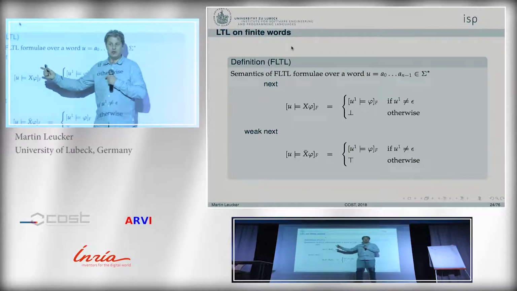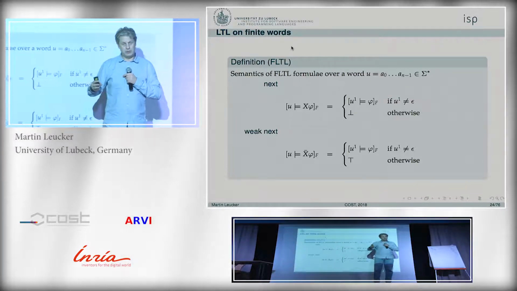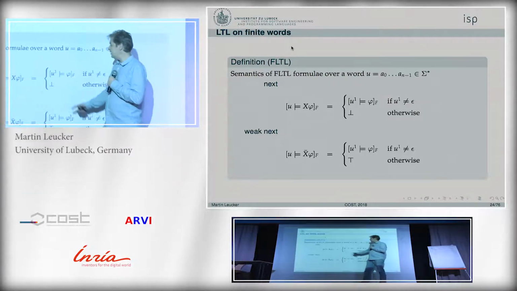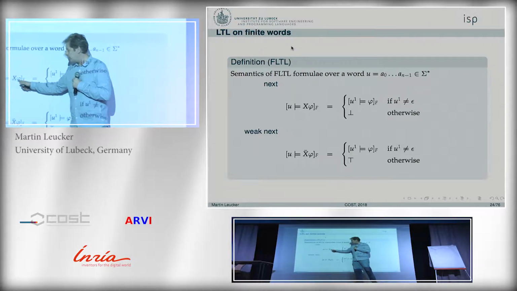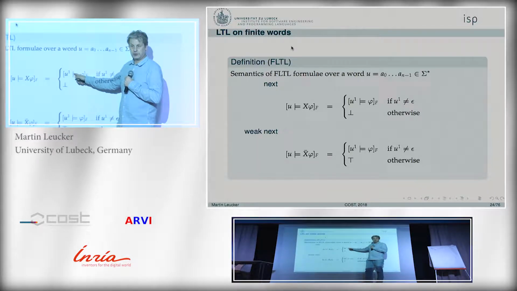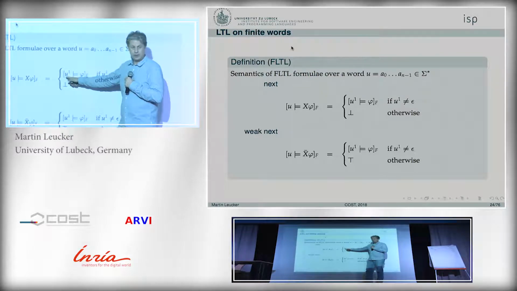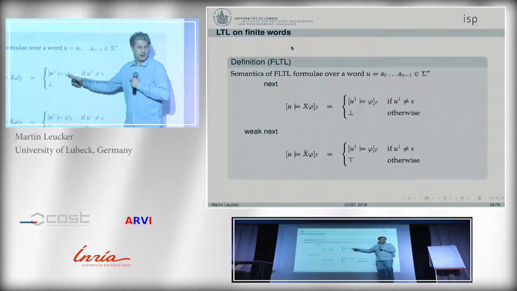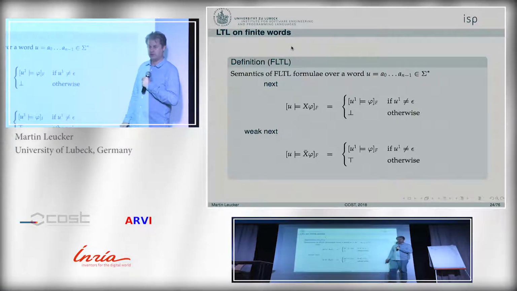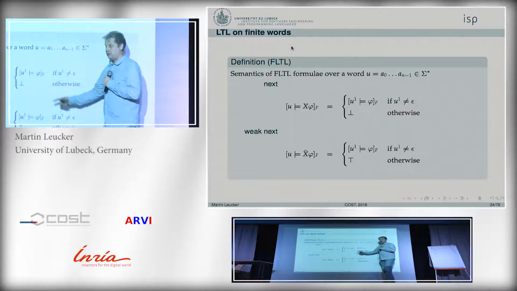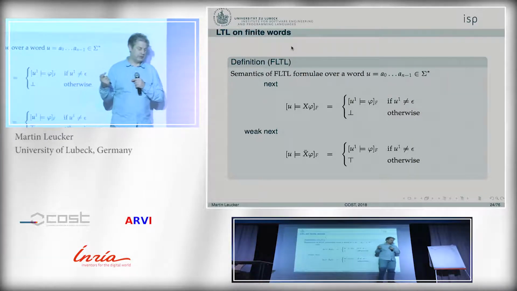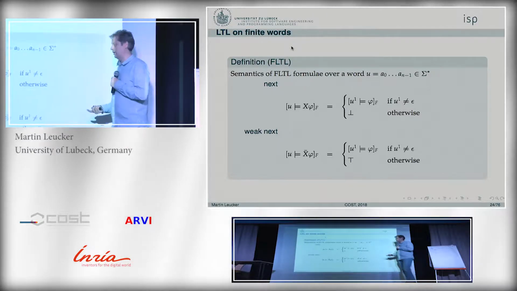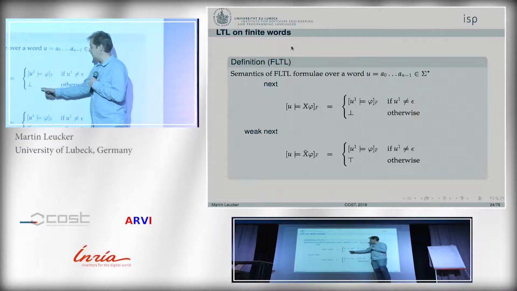In the case that the word represents a completed computation of our underlying system, the next means I have to check phi starting from the next position. So I chop off the first letter, and starting from the second position, I just check phi. The interesting case now is what happens at the end. Those that are familiar with LTL and infinite words know there is no big deal, because an infinite word doesn't have an end. But a finite word has an end.